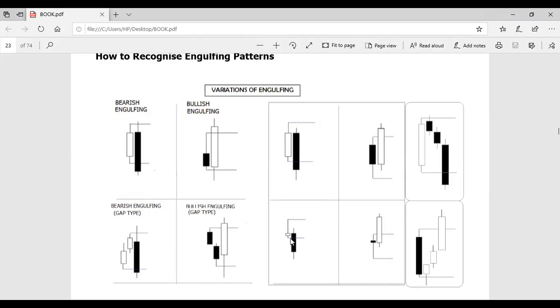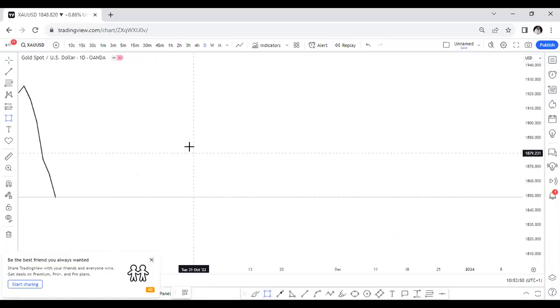So you can have the engulfed candle as a pin bar or a doji, it's still engulfing. So that you don't miss out on many opportunities that are available.